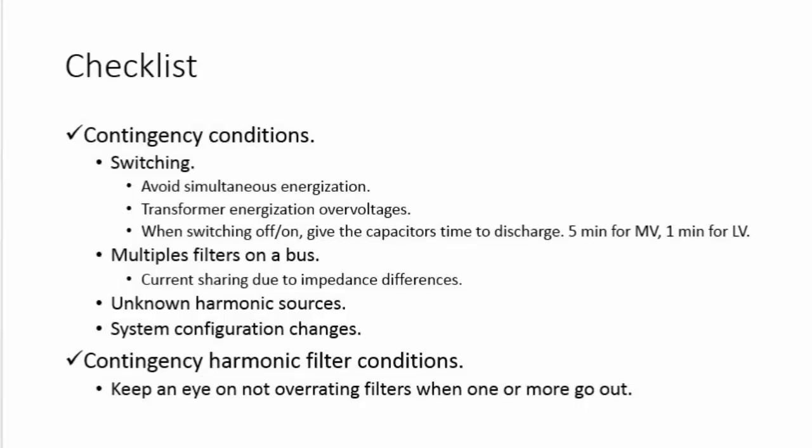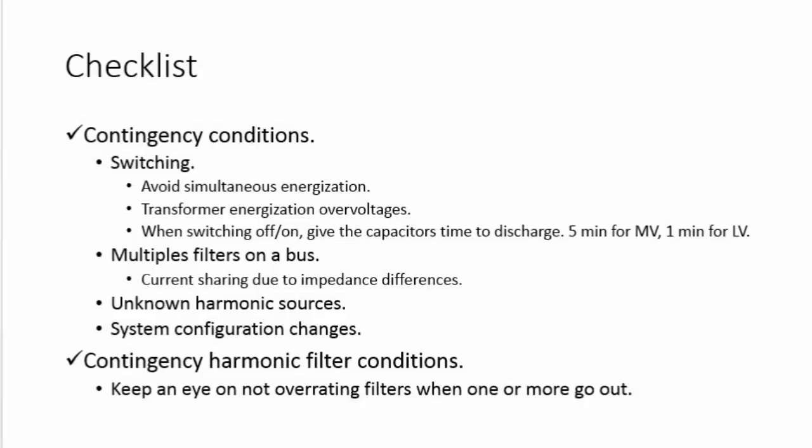You have to watch out for transformer energization overvoltages. When you are re-energizing a transformer, you may want to check that all the filters that are downstream of that transformer are disconnected. Otherwise, when a transformer is energized, there may be a transient overvoltage, which can be very severe, and it can damage the filters.